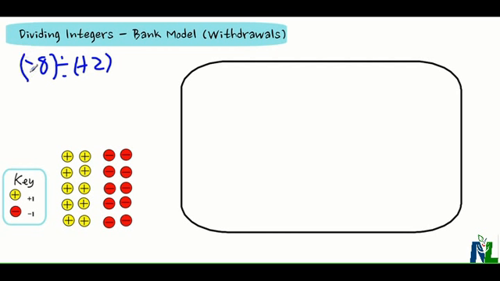Okay, so just like last time, if I want negative 8 left in the bank, there's no way I can deposit positive 2 tiles in there to ever get to negative 8. So I'm going to have to withdraw. And as soon as I know I'm withdrawing, I know my answer is going to be negative. So let's do the operation. Again, I'm going to quickly add in my 0 pairs here. Actually, let me do them like that again. Make it look like the last one.